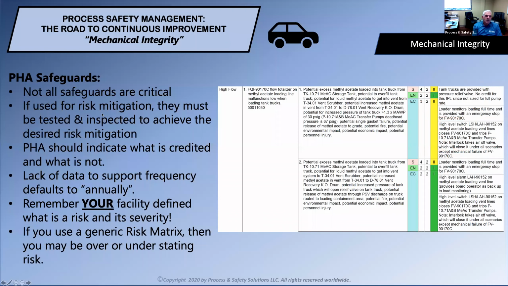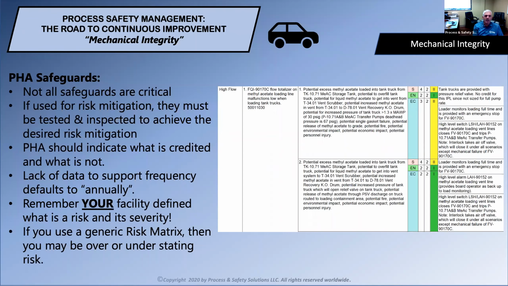So if used for risk mitigation, they must be in the test and inspection program. Any safeguard that's listed over there in the right-hand column, if it's used for mitigating some of those risks or those consequences that we see here, then we need to test and inspect those. Now the issue becomes, how often do these need to be inspected?